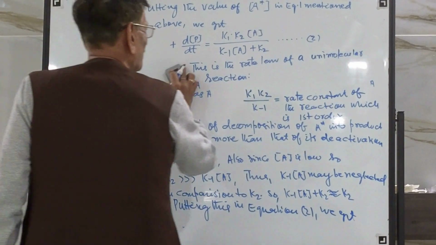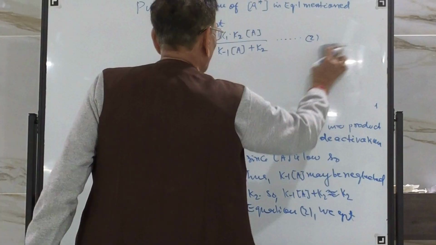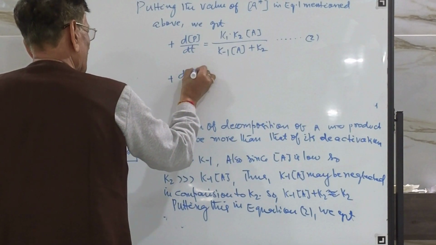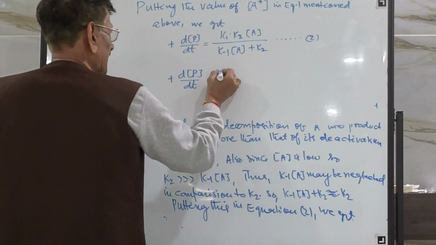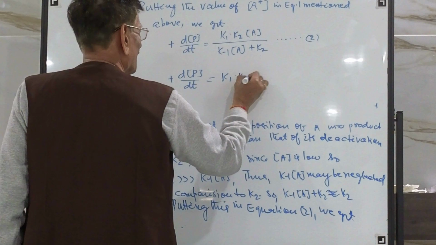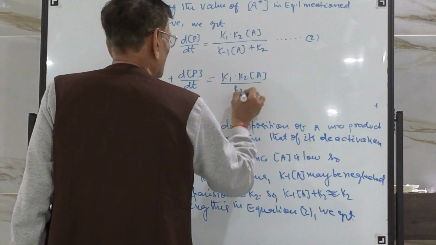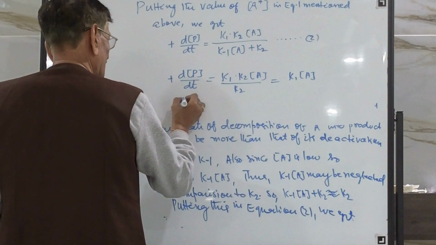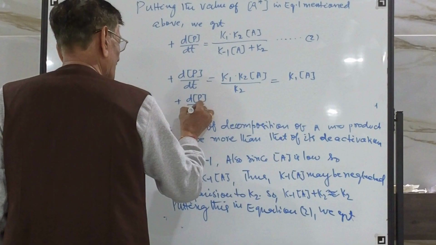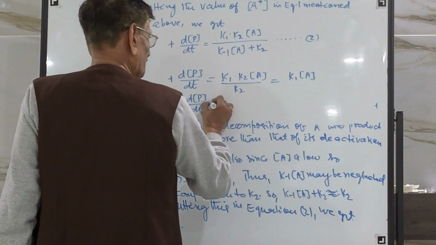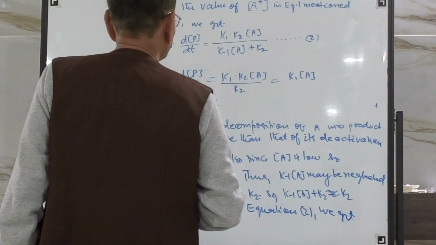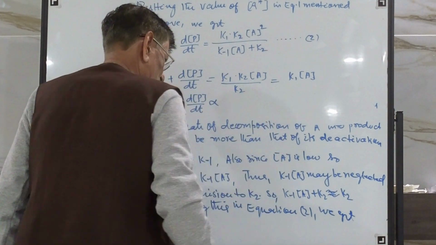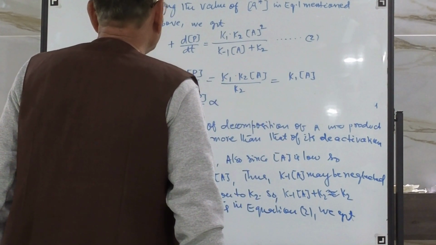plus dP by dt is equal to K1 into K2 into A by K2, and this is equal to K1 into A. Oh, sorry, I made a mistake.